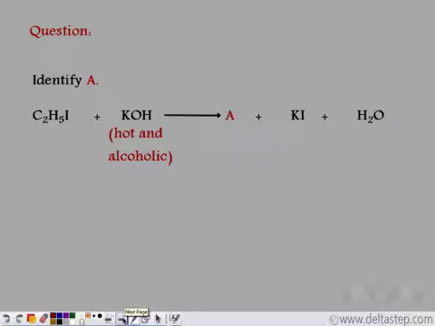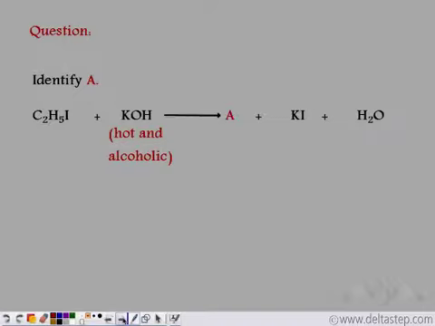Let's look at a question here. We are given this reaction and we have to identify A. So let's see what we are given. We are given C2H5I, that is iodoethane, and this is made to react with hot and alcoholic potassium hydroxide.